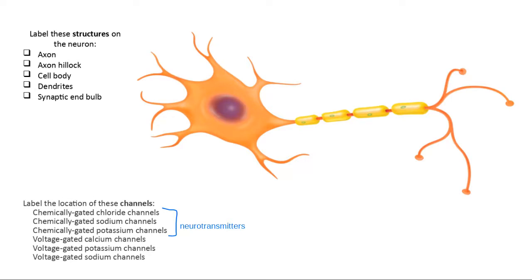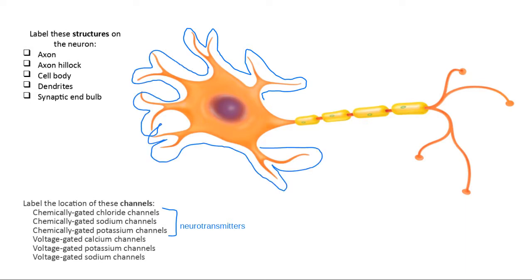So I have chemically gated channels all over those dendrites, because that's where I receive chemicals.